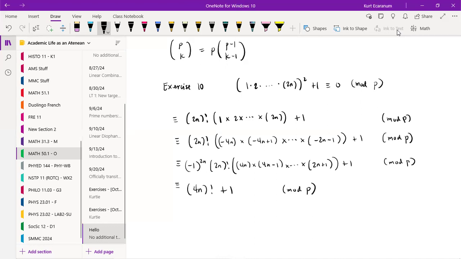But mod p is in the form 4n plus 1. So we can try substituting p as 4n plus 1.